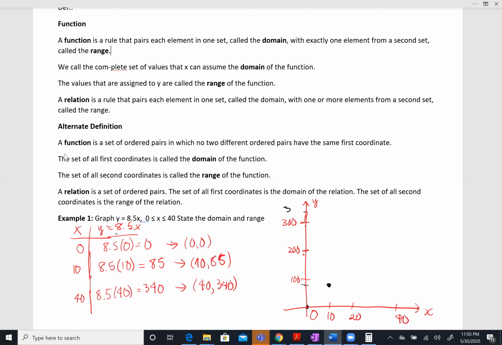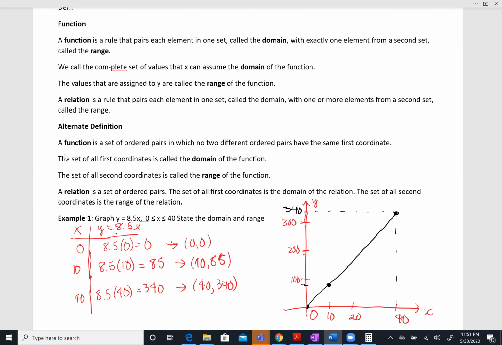So this one. Here, okay, and then I'm going to draw a line going through these 3 points. Okay, perfect.